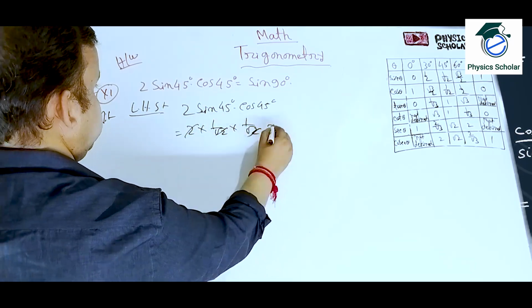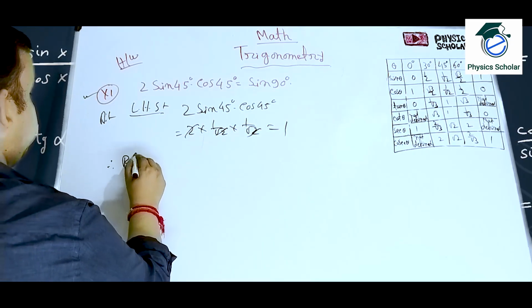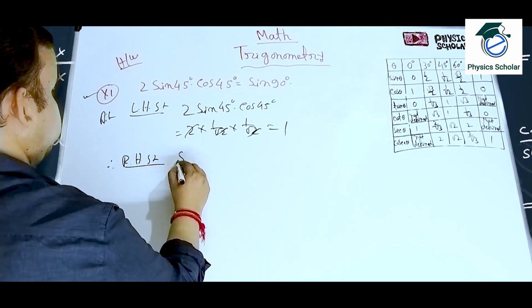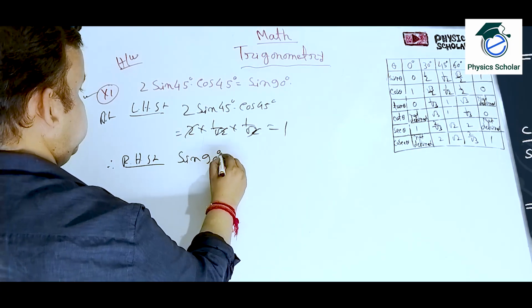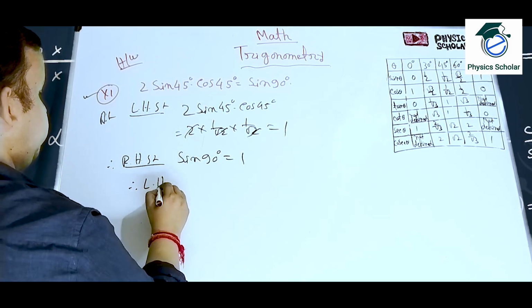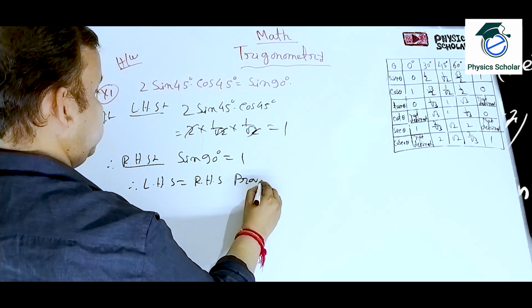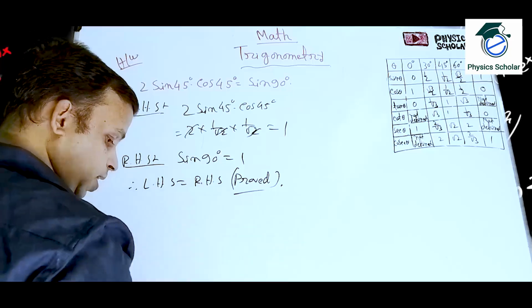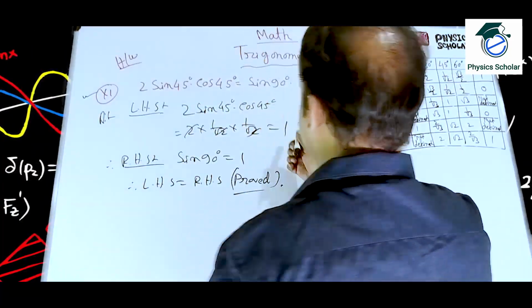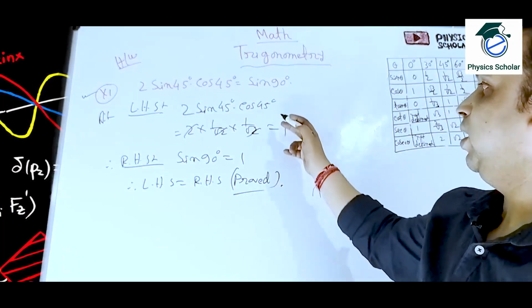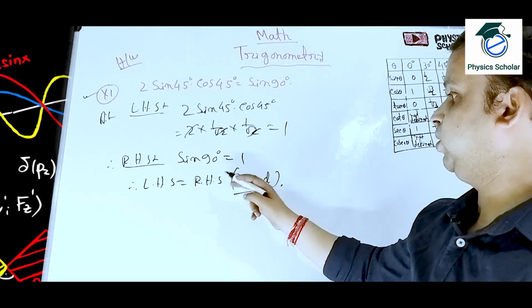So this will be cancelled, that means 1. Clear? So right hand side, what? Sin 90 degree is equal to 1. So that means what can we write? Left hand side is equal to right hand side. Proved. So very simple and easy sum. Clear? We are only putting the values and calculating, and it is showing that left hand side is equal to right hand side.